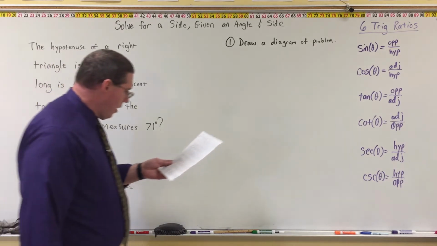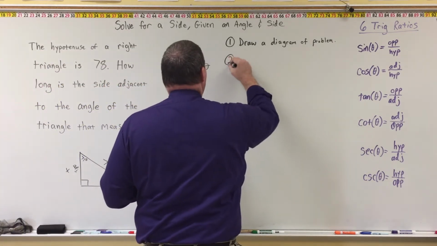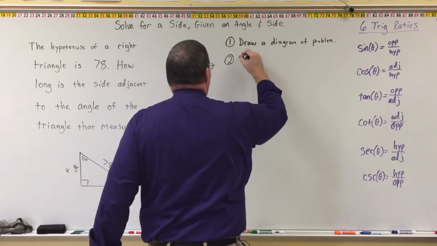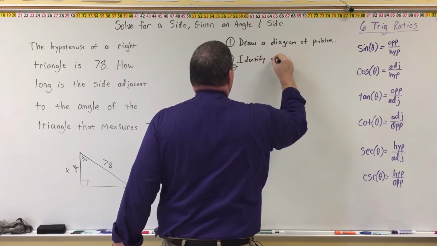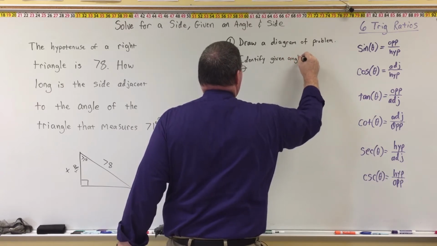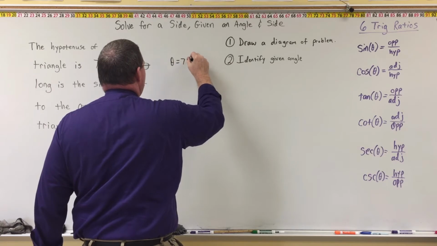All right, so the second thing you're going to do is identify the given angle, the given side, and the unknown side. The given angle, in this case, we're going to call theta. Theta is 71 degrees.